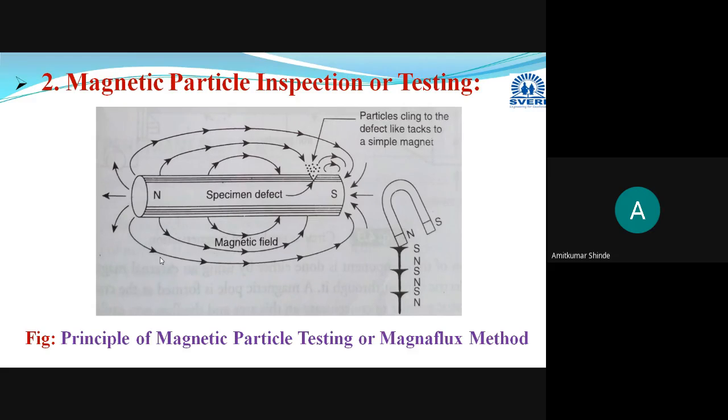As for application, we can detect surface defects as well as non-surface or subsurface defects present in the component, and that component should be made of iron or steel, ferromagnetic or magnetic in nature. Only for such a component can we use magnetic particle inspection.